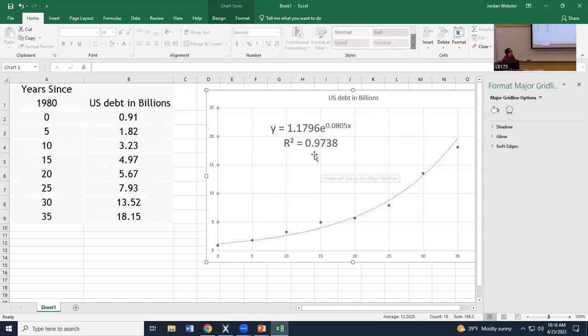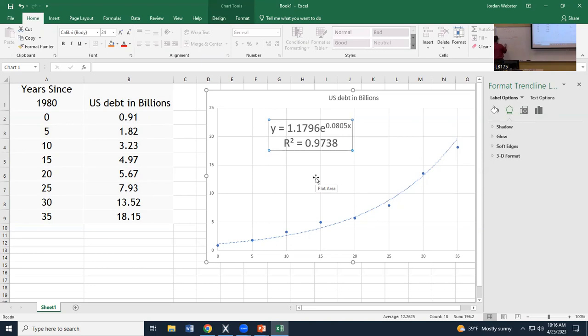So notice how I just had Excel make me an exponential function. Now the exponential function it made is y equals 1.1796 e to the 0.0805 times x.